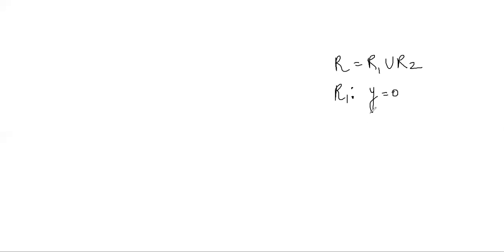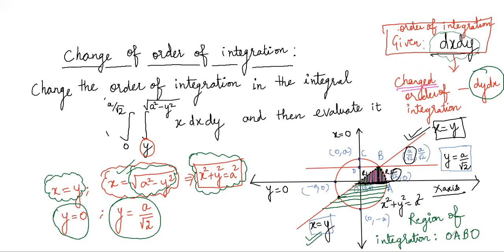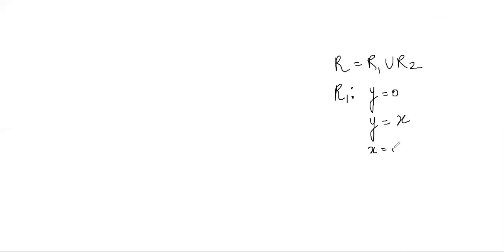The strips end on a straight line, whose equation is y equal to x. And the limits of x in the region R1, as we have already discussed, will vary from 0 to a by root 2. This is for the first region, R1.